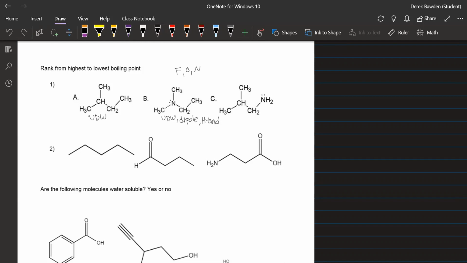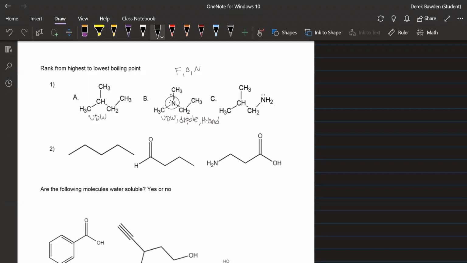So what would happen is this nitrogen would hydrogen bond with hydrogen in one of the other molecules. So if this next molecule over here had a CH3, they'd hydrogen bond together, that nitrogen and those hydrogens. Oh, so they can hydrogen bond even if there's no hydrogen directly attached. Oh, okay.